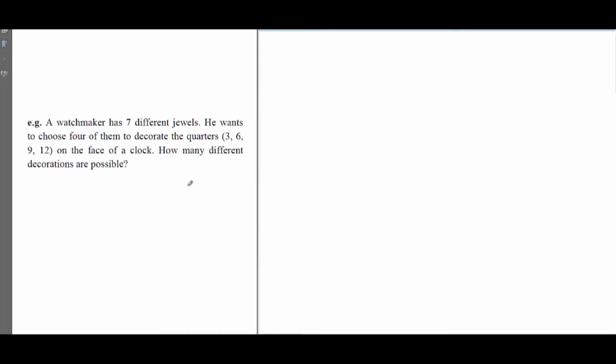So let's find them. Again, combination of 4 from 7, times, as we have 4 different decorations to arrange, 4 factorial.